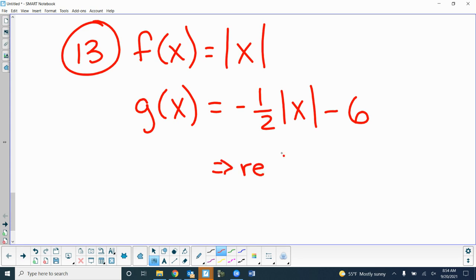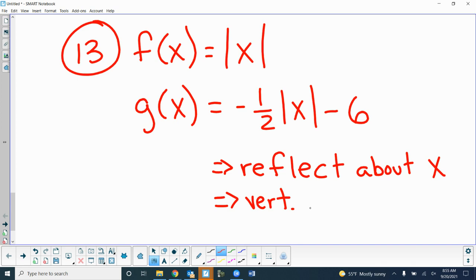So the first thing that happened, reflect about the x-axis. All right. The second thing, since it's 1/2 out front, it's a vertical compression or shrink, right?